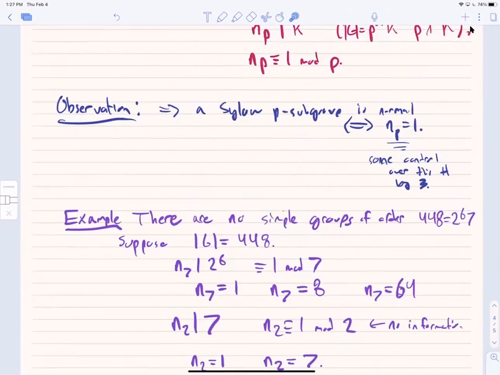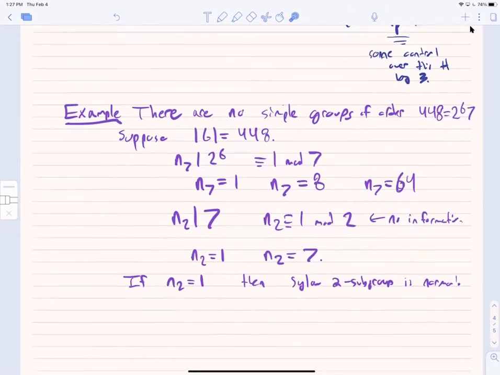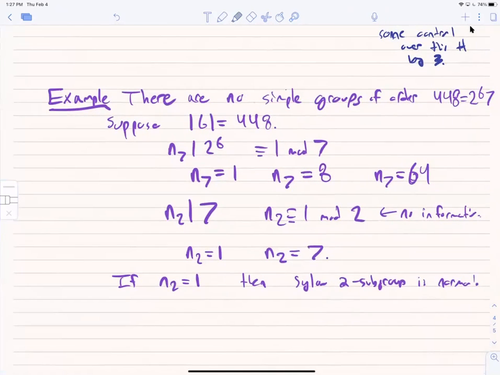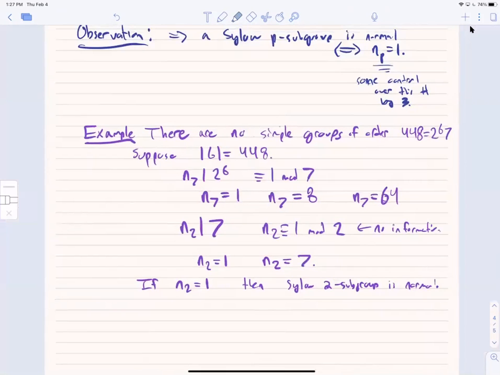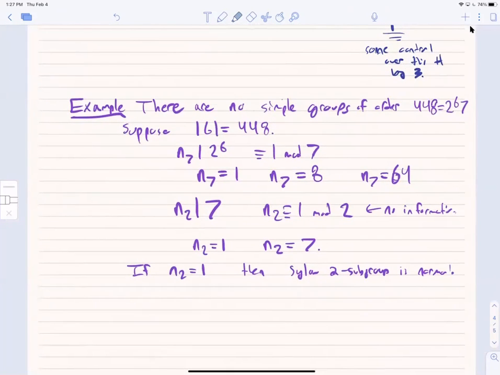This is just what I was saying up here: a Sylow P subgroup is normal if and only if n equals 1. There's nothing telling us n2 has to be equal to 1, though. So it is possible that n2 is equal to 7, at least a priori. And probably, I didn't work out actual examples of groups of this order, but probably a posteriori as well.